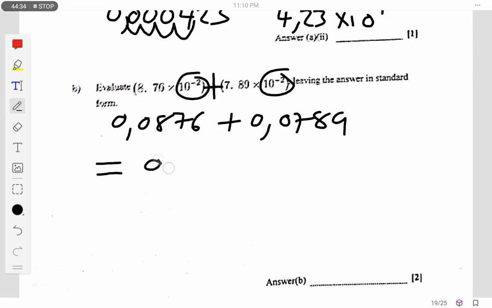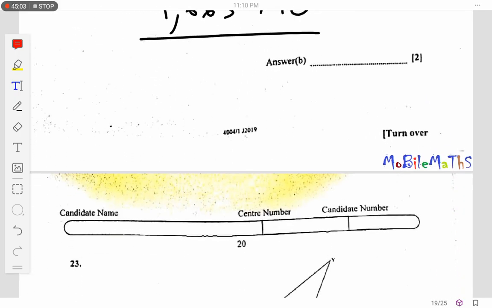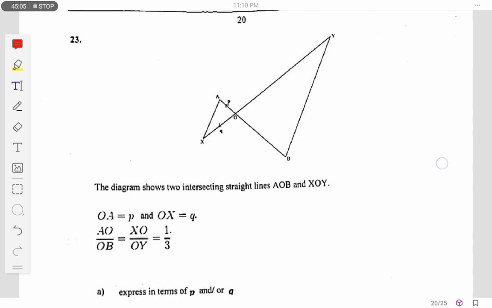When I add, I get 0.1665, like that. Then in terms of standard form, I'm going to move 1 there, so it will be 1.665 times 10 to the power of minus 1. That will be my answer. So that is method 1. Actually, check my video, I did this lesson for more practice.